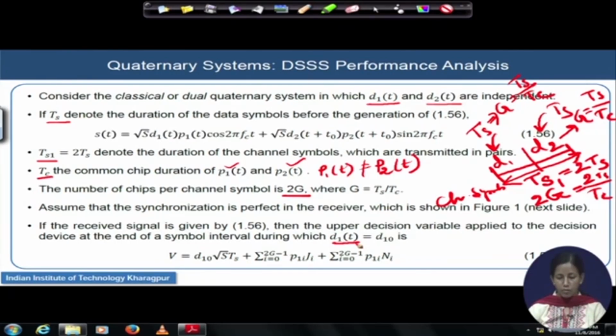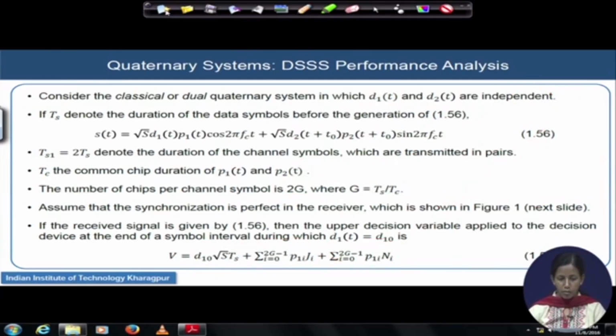With this equation 1.56, once we receive at the end of the symbol interval, a signal V is generated, which will be a combination of the intended signal, the interference contributed, and the portion contributed by the noise.